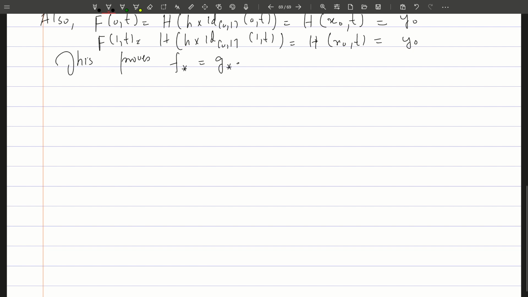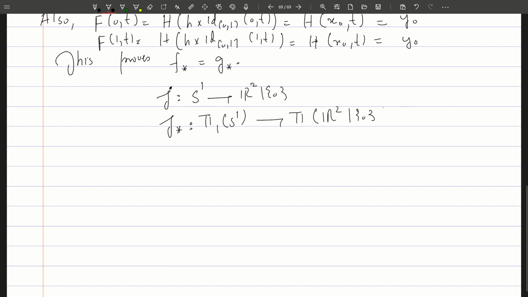Now we have seen the homomorphism induced by the inclusion map. So if we have the inclusion map j from S1 to R2 minus 0, we have proved earlier that the homomorphism induced by this map, between the fundamental group of S1 and the fundamental group of the punctured plane, is injective.